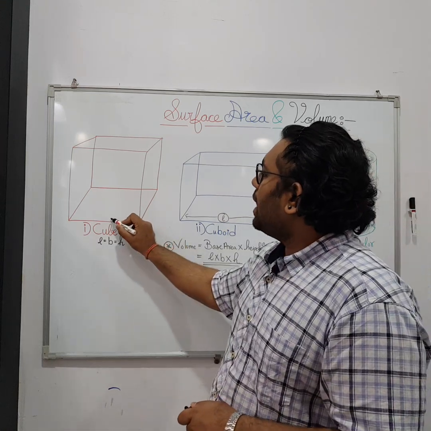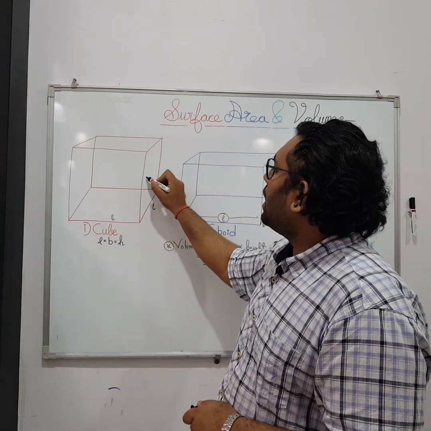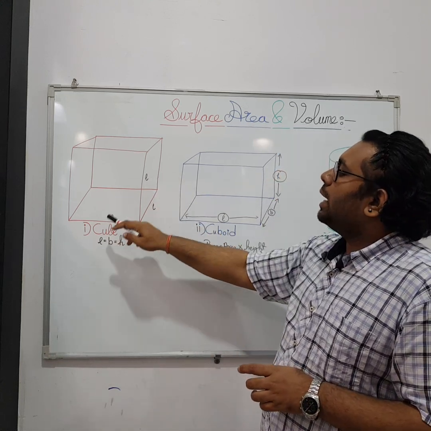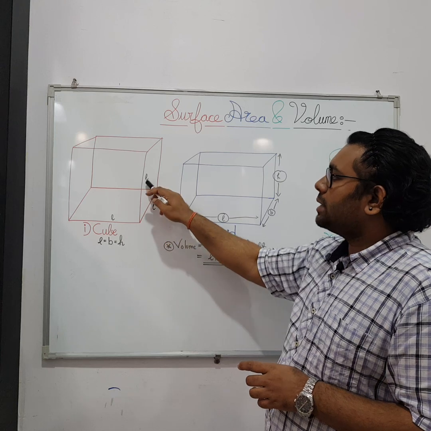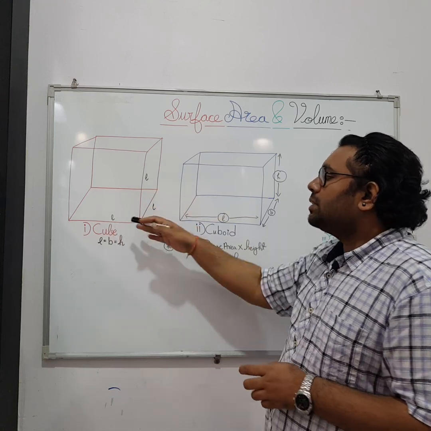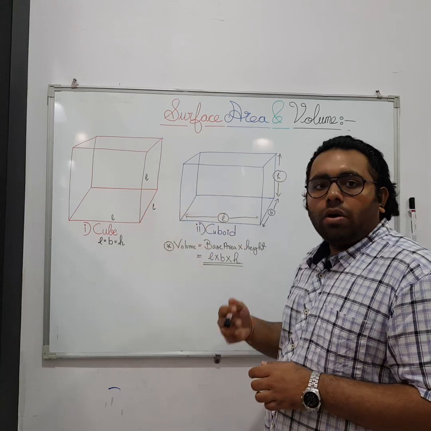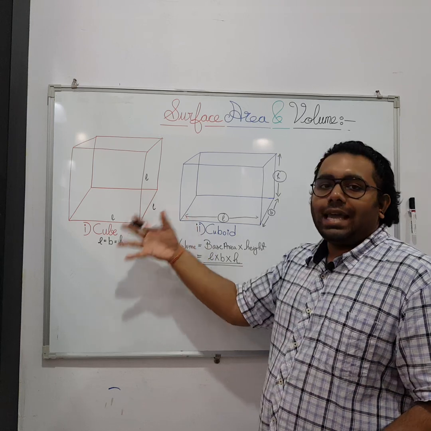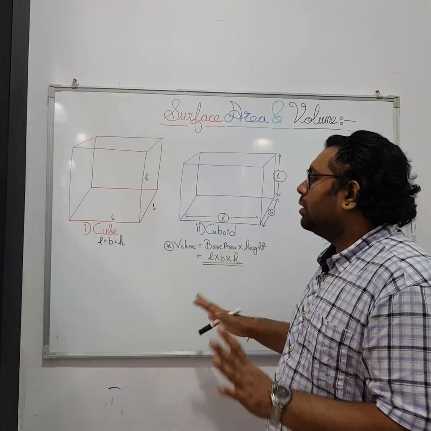It only has L and L. That's wrong. Over here, it has a length, it has a breadth, it has a height. But since all the lengths are equal, we consider it as L. Or in some of the questions you must have seen a cube with a side A. Both are fine, no issues.